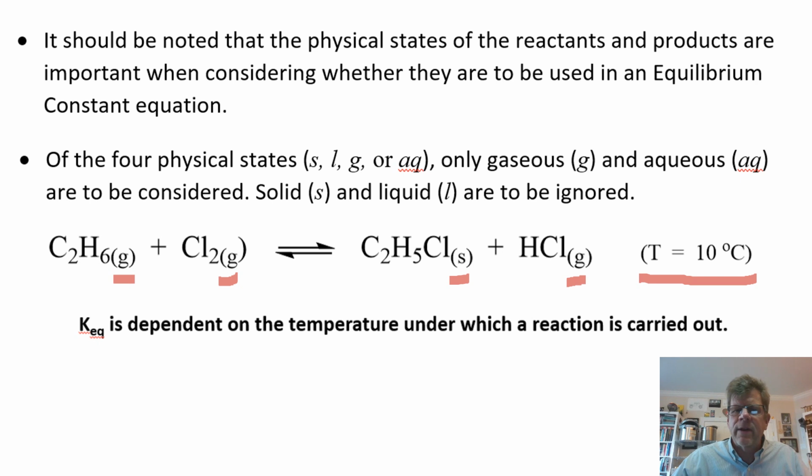It's heavily dependent on the temperature under which a reaction is carried out. So if we are providing a problem set or an example problem looking for the equilibrium constant of a particular chemical reaction, we always, by convention, show the temperature at which this reaction was carried out.